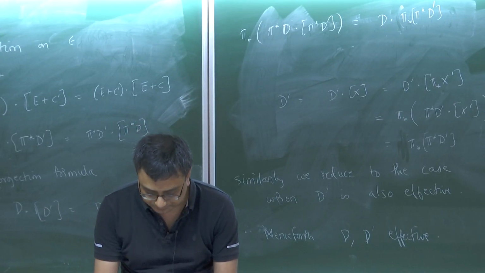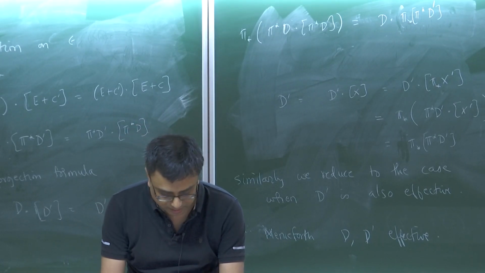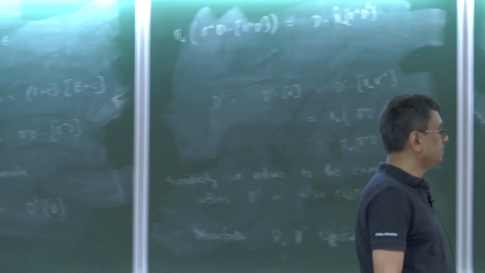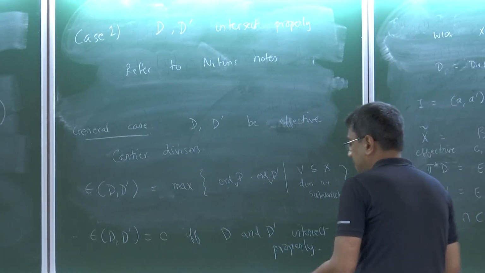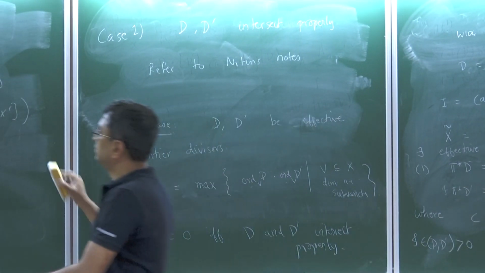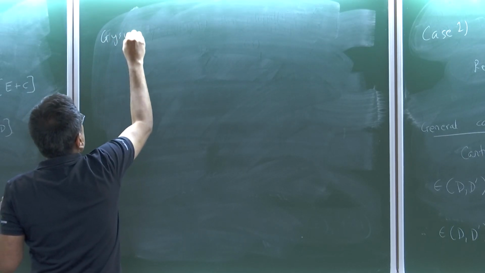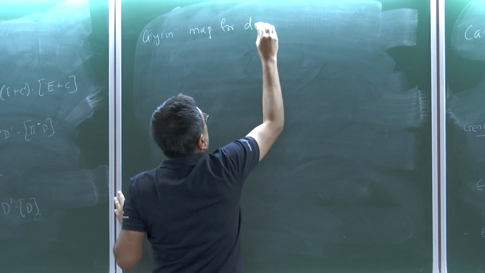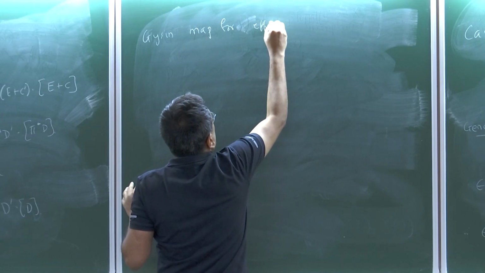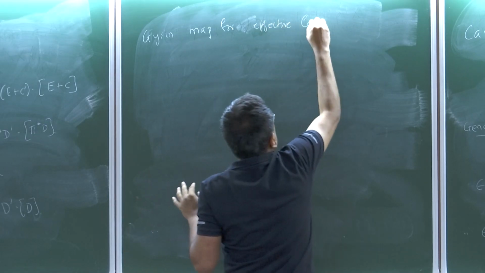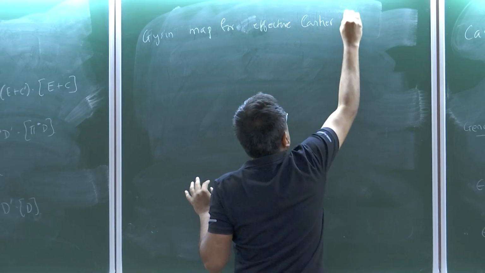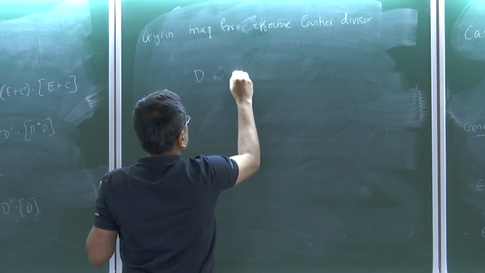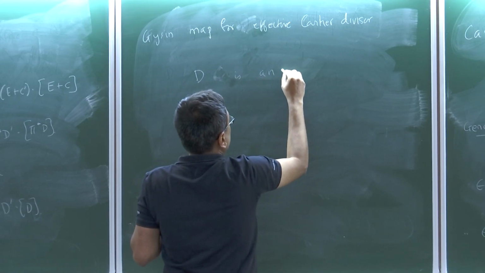Now let me go to Chern classes. Actually, before that, I will define this Gysin map for divisors. It's just a comment actually. The hard work is already done. So for divisors, or let's say effective Cartier divisor, let's say D inside X is an effective Cartier divisor.